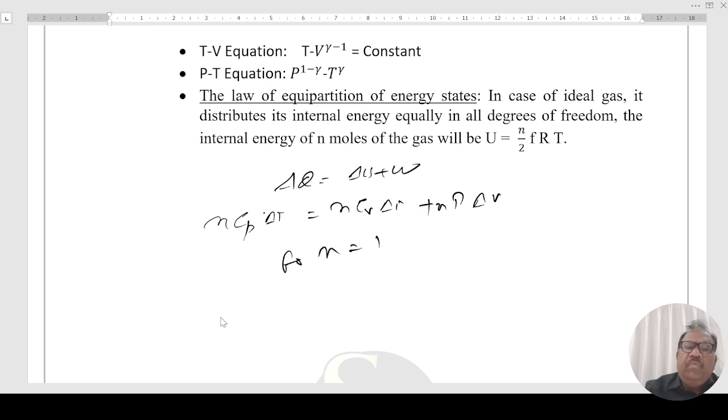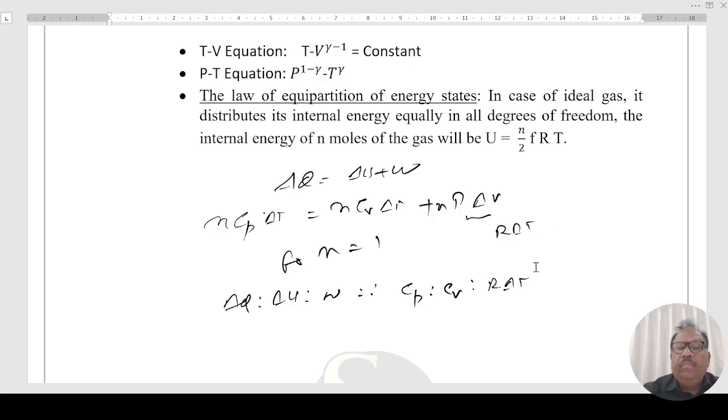So on simplification, delta Q is to delta U is to W comes out to be, n cancels, Cp is to Cv is to P delta V, which we can write as R delta T.